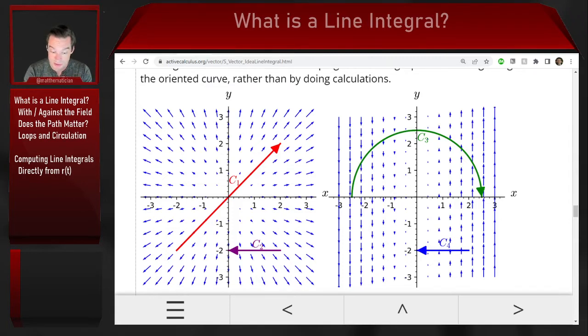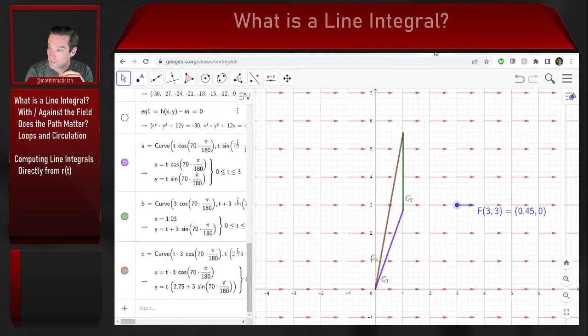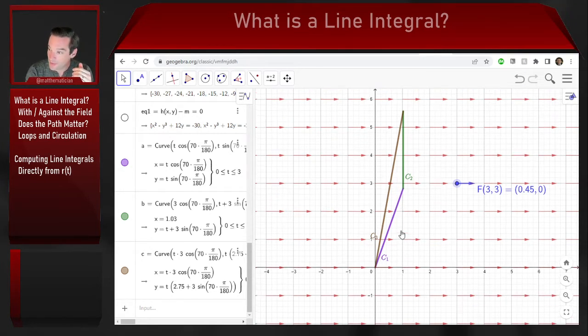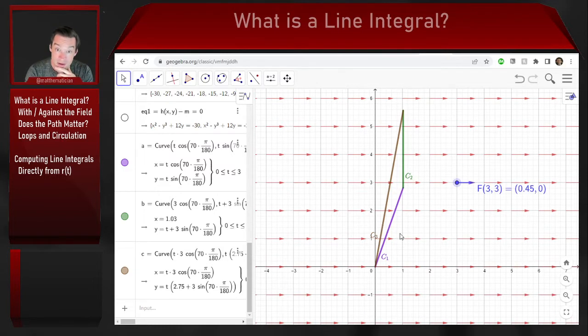We just need to sort of go back to our airplane example one more time, right? Where, for example, on the second leg of the airplane journey, we predicted that the path integral ought to be 0. That amount of work ought to be 0 because the vector field and the velocity are perpendicular at every point. Meanwhile, on the first leg of the journey, the purple one, that line integral ended up being positive because the vector field made an acute angle with the velocity at every point along the way.